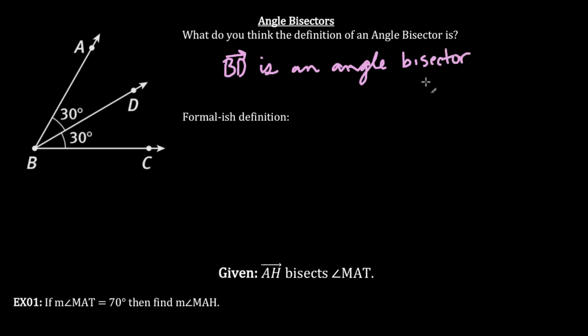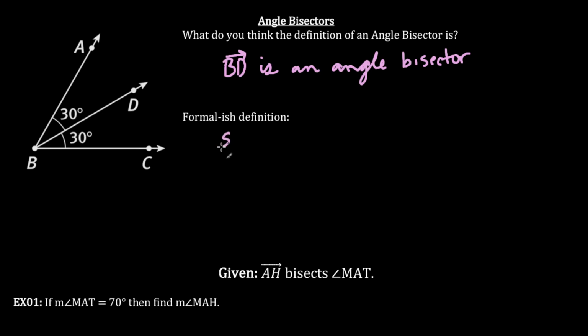An angle bisector is basically something that cuts through and divides the angle into two separate angles, two equal angles. How would we put that simply?